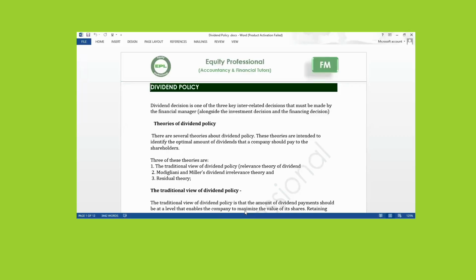We then looked at finance success, then moved to valuation of debt securities. We now review financial statement evaluation. So we have done 4 topics. This is my number 5 topic: dividend policy.